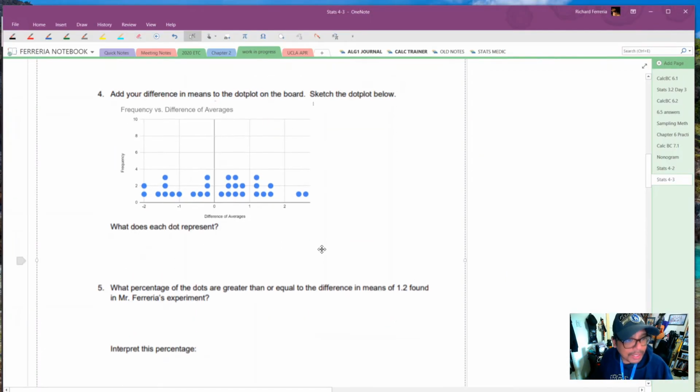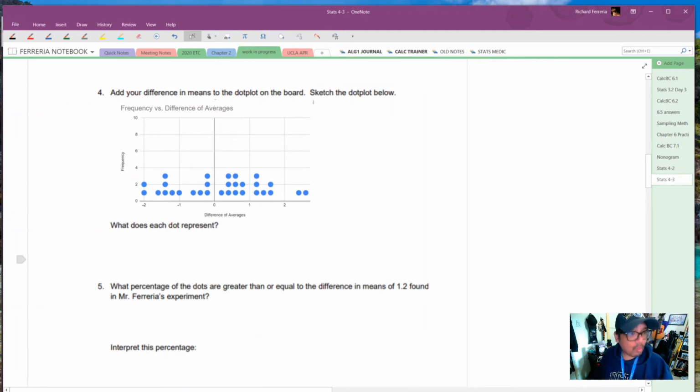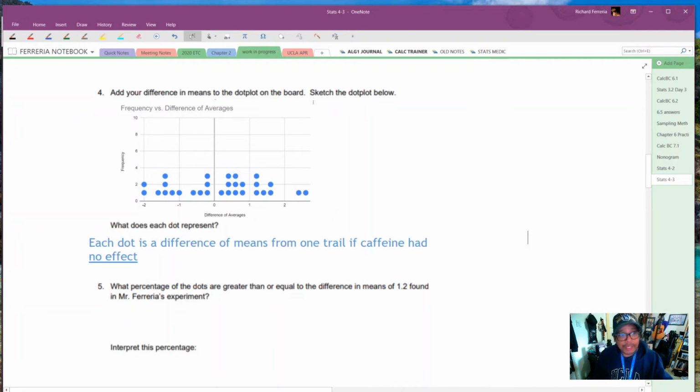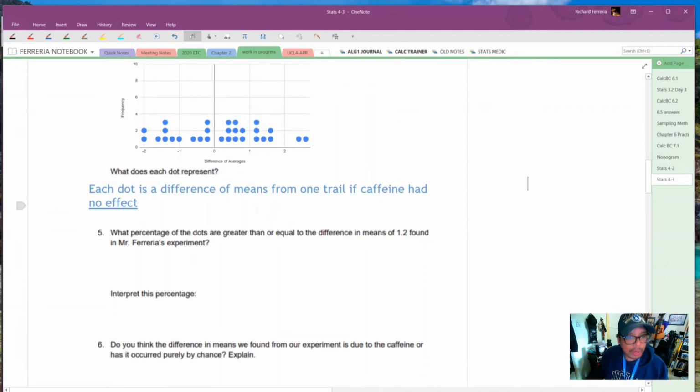Okay, our dot plot's in place. What does each dot represent? This is a question that we're going to be asking multiple times throughout the semester. Each dot represented a difference of means in one trial if the caffeine had no effect. What percentage of dots are greater than or equal to the 1.2 that we found in the experiment?